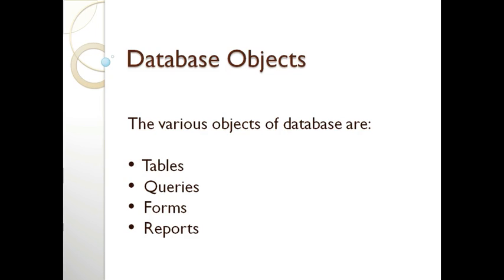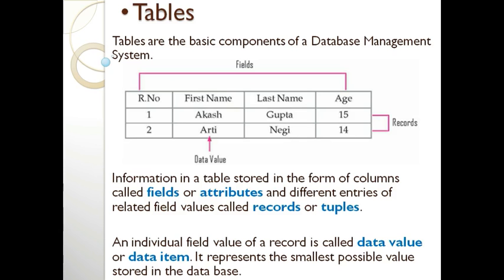Database objects. The various objects of database are tables, queries, forms, reports. Tables. Tables are the basic components of a database management system.